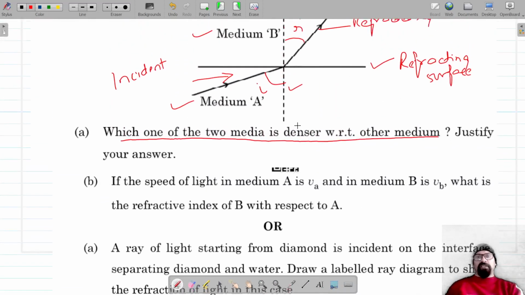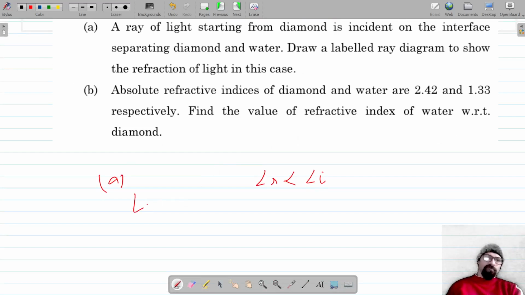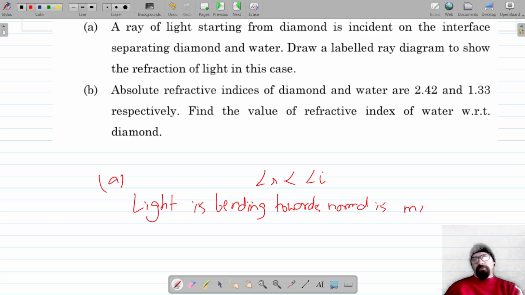So for part A, we can write that the angle of refraction is less than the angle of incidence. That means the light is bending towards the normal in medium B. We know that when light goes from a rarer to a denser medium, it bends towards the normal.